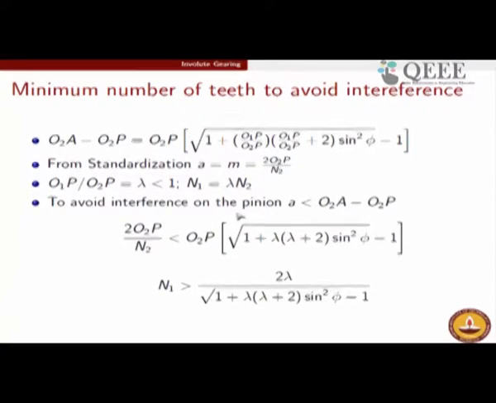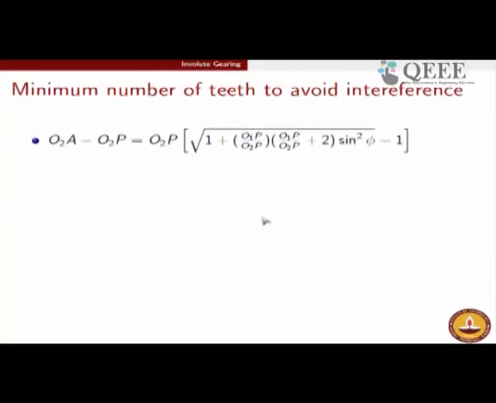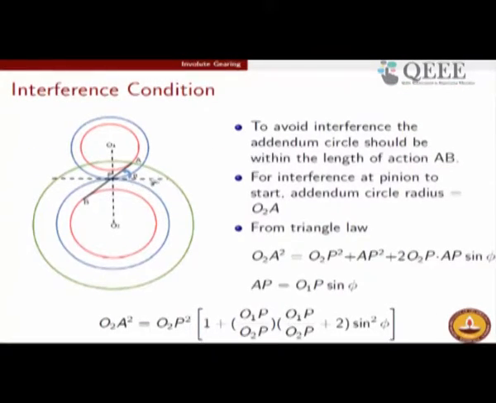Therefore, to avoid interference, we must have the addendum lesser than what is depicted in this picture. This is just the maximum that you can go where the interference has just started taking place. If the addendum is lesser than what this analysis suggests, then the green circle will pass through an interior point, and the engagement will end somewhere here, which means that it ends in the portion above the base circle of the pinion.